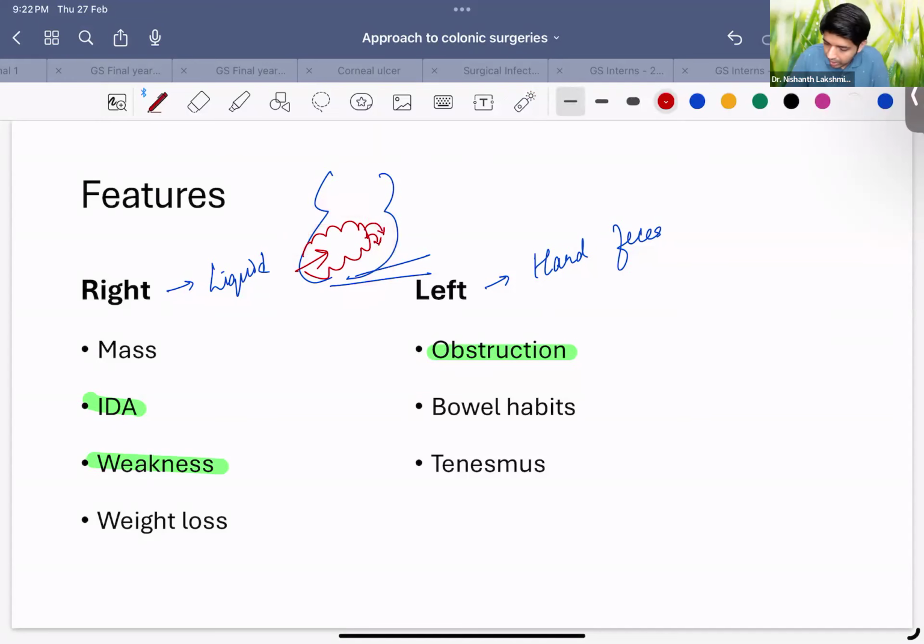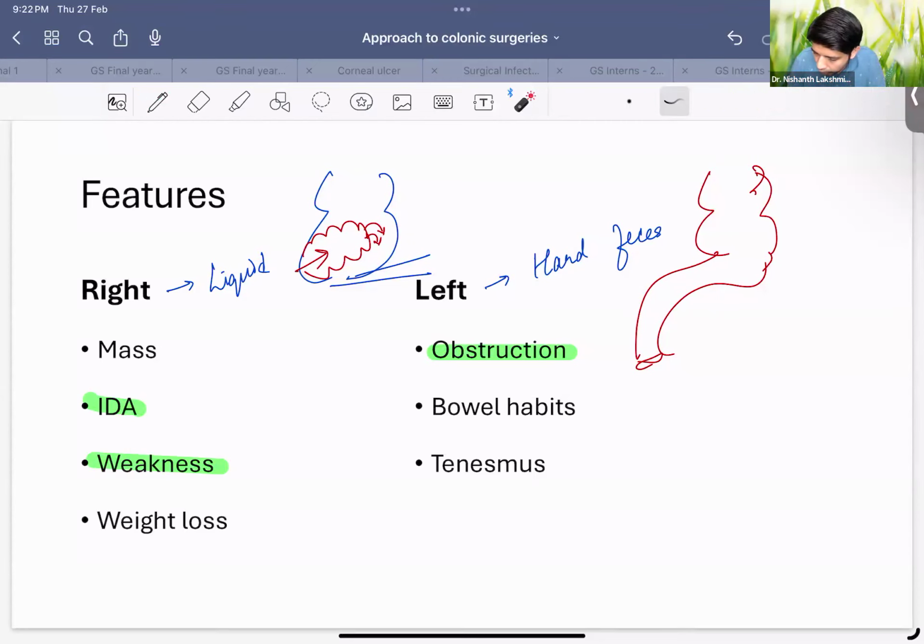Whereas on the left side, because the feces is very hard, it does not allow the tumor to push through it. So what does the tumor do? It will try to go around the feces. Rather than growing straight, it will start growing circumferentially, all around the colon, 360 degrees.